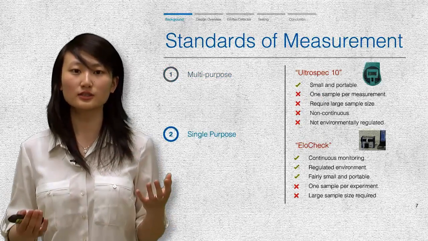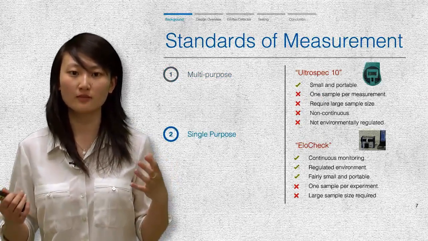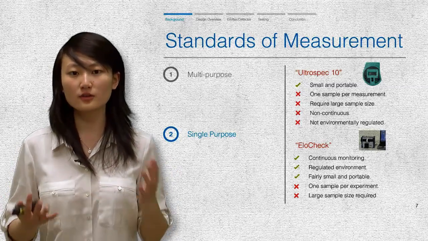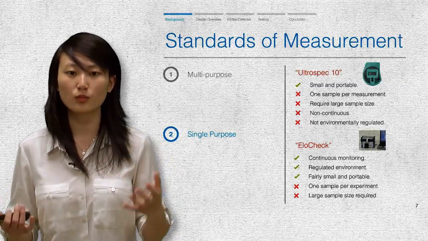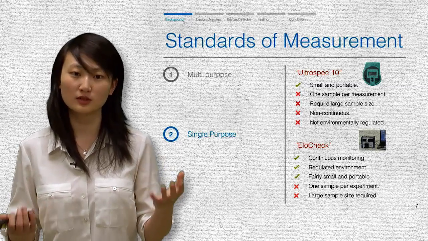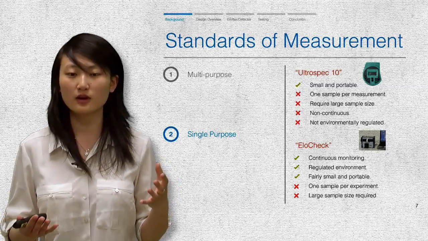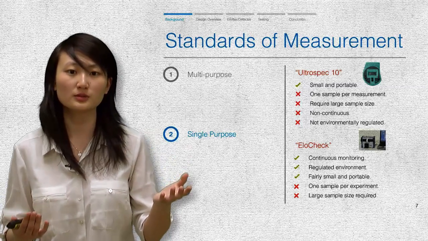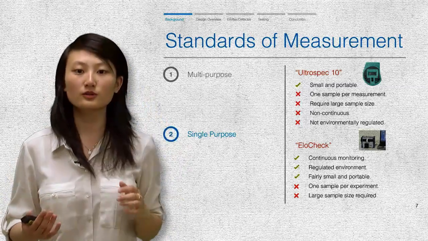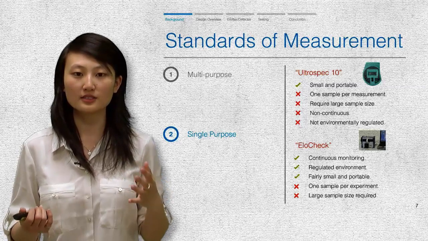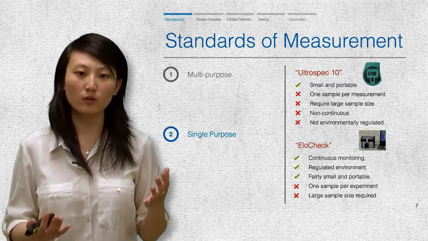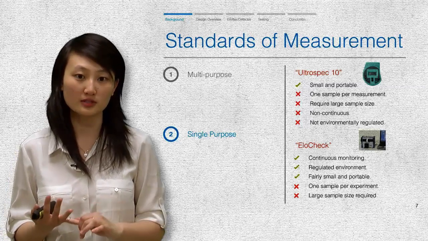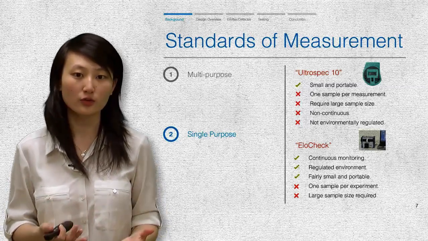And so an alternative to these two devices are the single-purpose devices, such as the UltraSpec and the EloCheck. And they're great because they're relatively small and portable and a lot cheaper than the multi-purpose devices, ranging from $1,000 to $20,000. These devices have the disadvantage of being only able to measure one sample per device, so it is very low throughput.